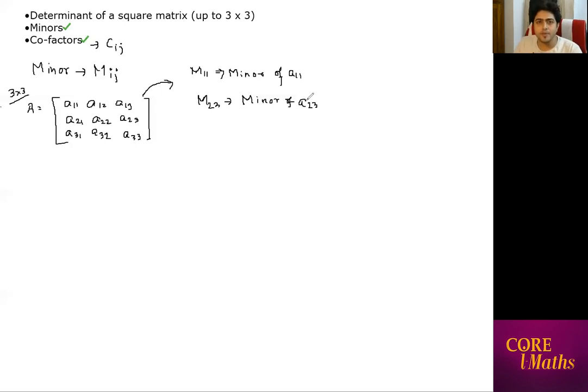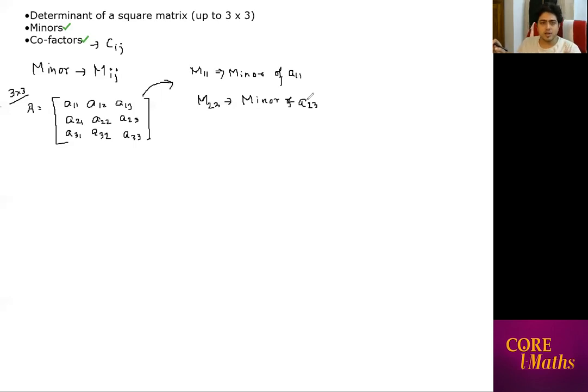For every element contained in that 4 cross 4 square matrix, every element has its own minor value, and the minor determinant has order 3 cross 3: 4 minus 1 by 4 minus 1, that is 3 cross 3.